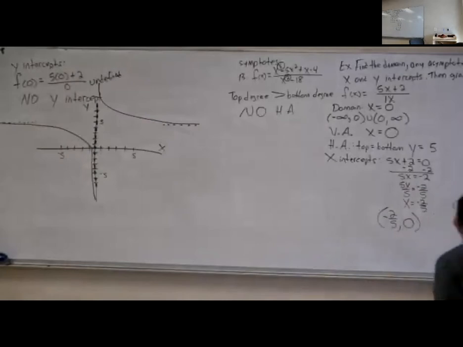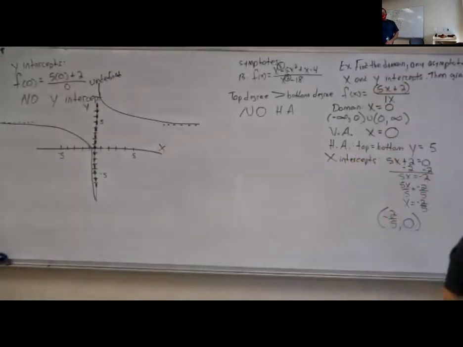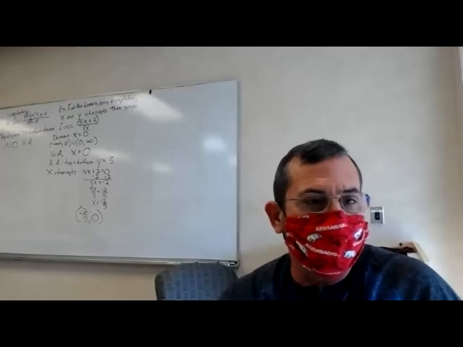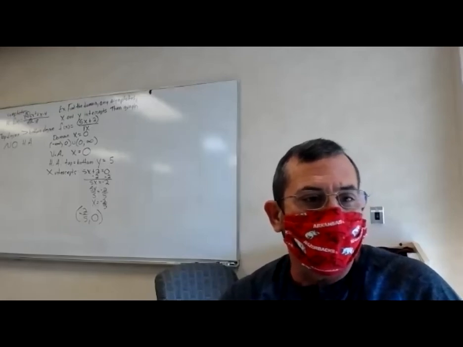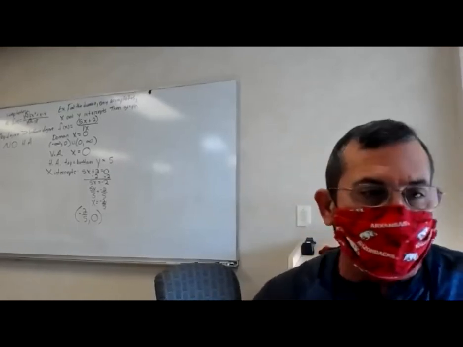Now, if I drew this in on my calculator, I would put parentheses around the top of that graph. So let me share and I'll show you what I would do on my calculator for that. The 5x plus 2, I would put in parentheses.